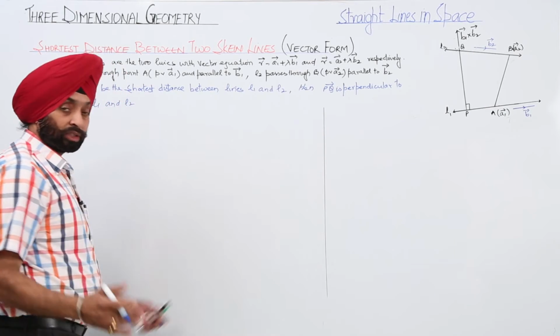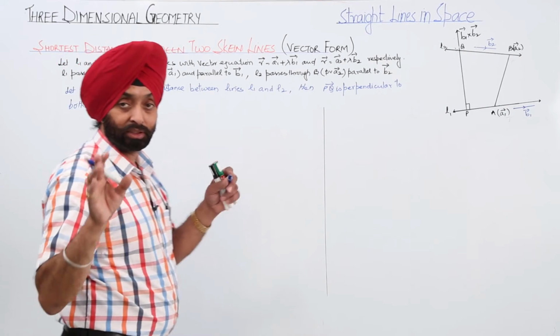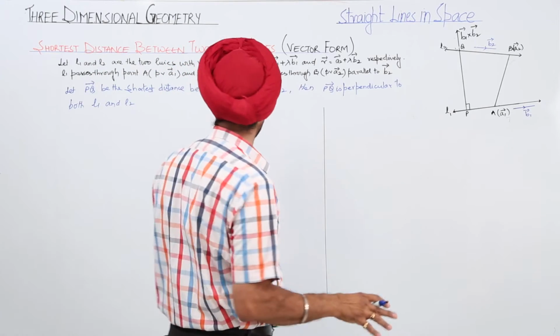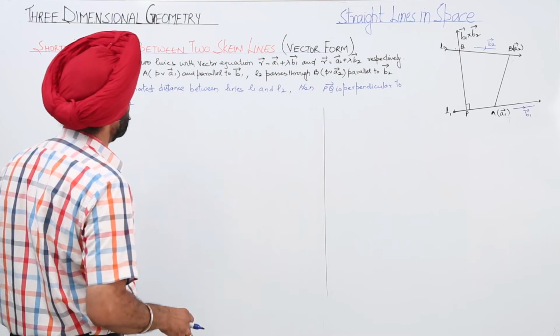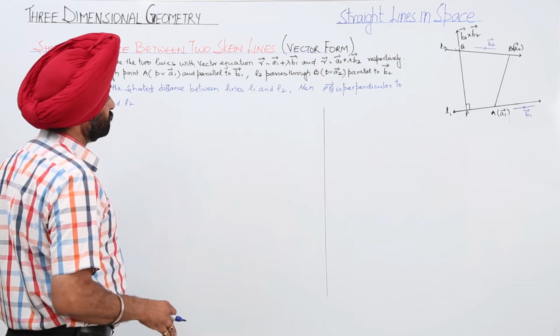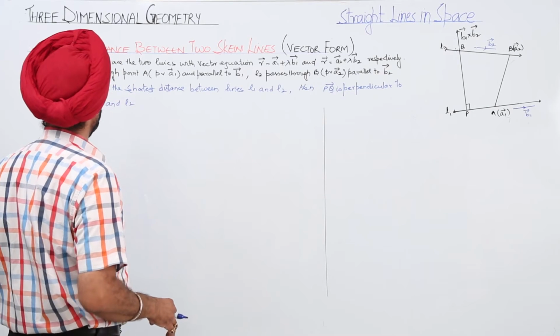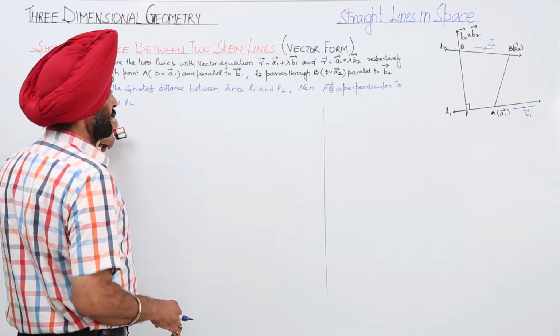When PQ is shortest, the perpendicular distance is always the shortest between the two lines.